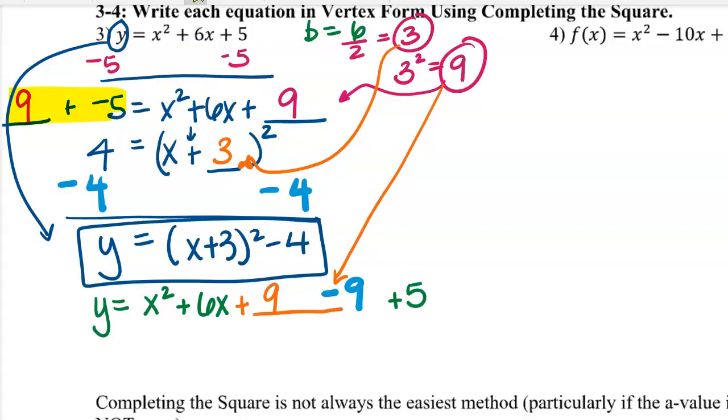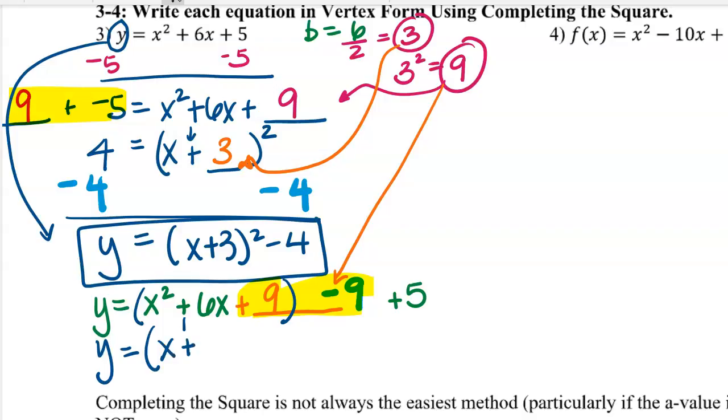Well, think about it. Adding a 9 and going in and minusing a 9, we're really adding 0. And it's okay to add 0 because it's not going to change our equation. So this is what, for me anyway, I would do if I'm completing the square and there's a y equals. Then here is exactly like what we had above with the perfect trinomial and try to factor that out.